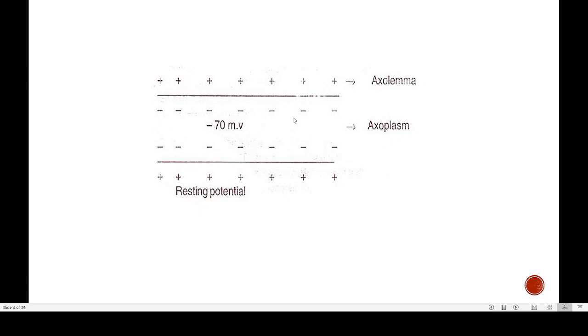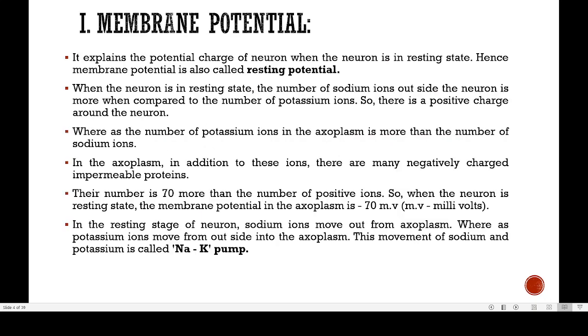Similarly, if there are any sodium ions here, they will be pumped outside. That pumping mechanism is conducted by a pump known as the sodium potassium pump. It is basically a protein structure itself. So this is how normally the membrane potential is maintained by a neuronal network, and that is known as the resting potential, otherwise known as the membrane potential.